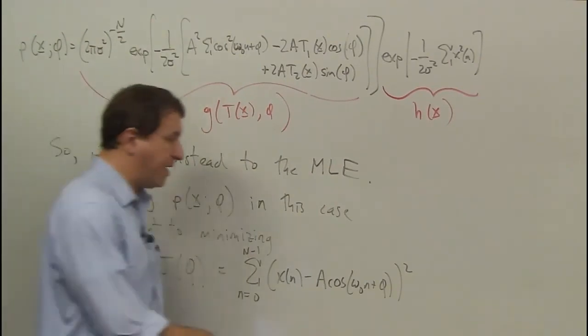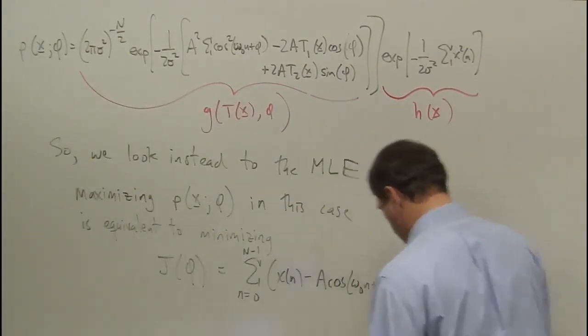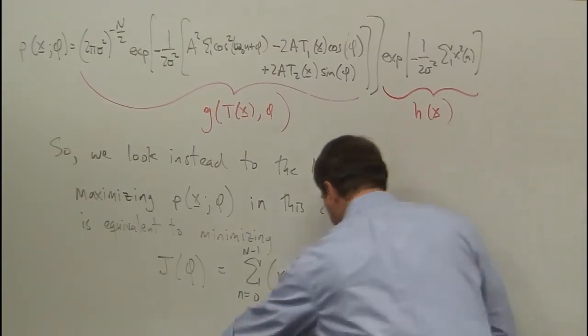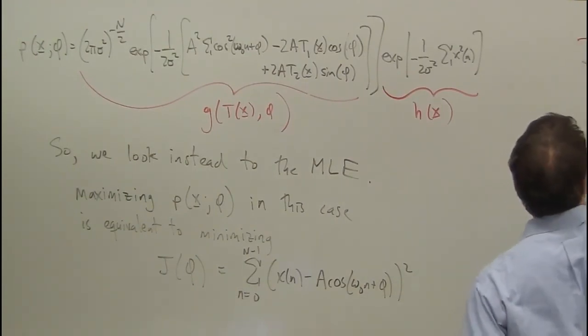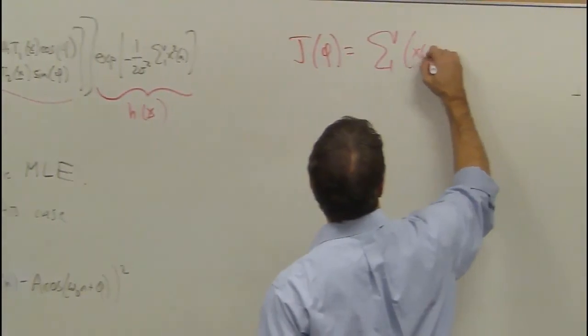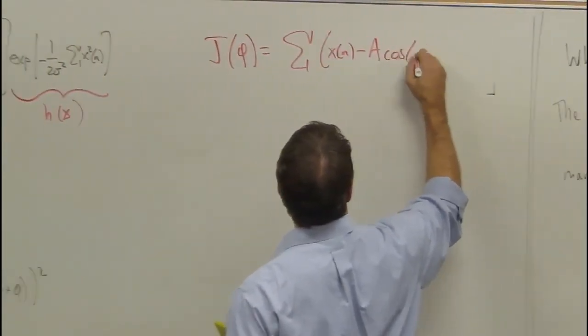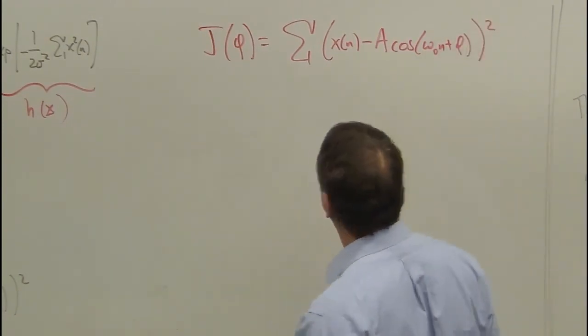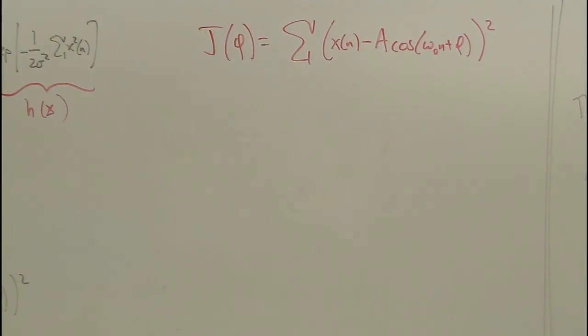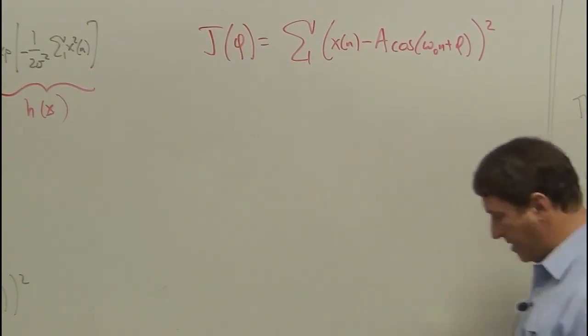All right, now we take J. So here's J. And we want to minimize this by choice of phi.